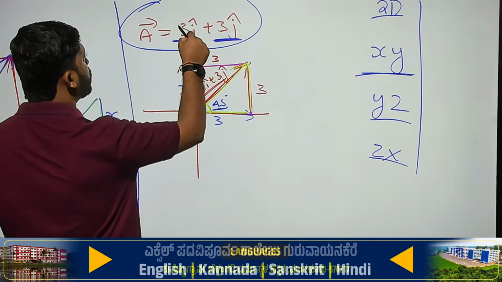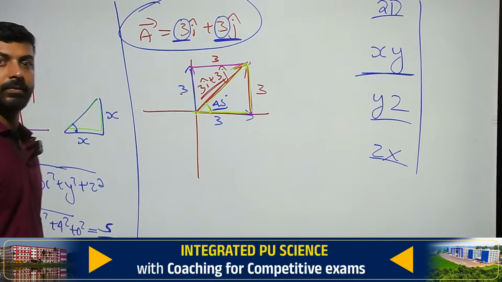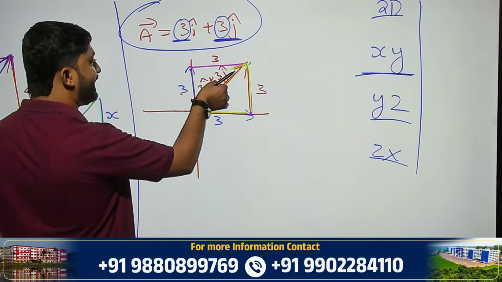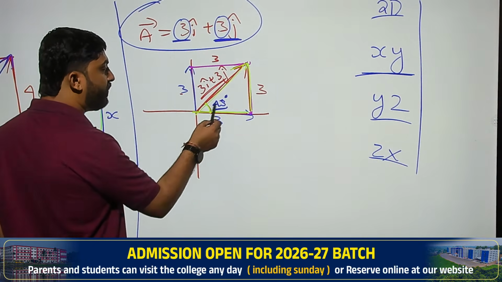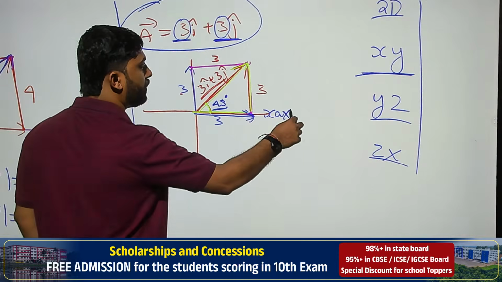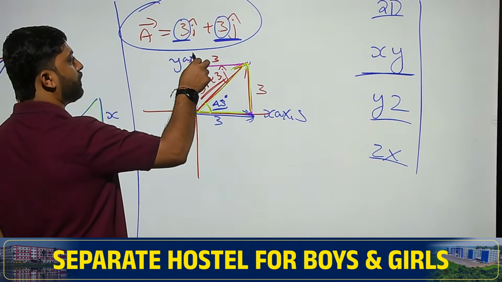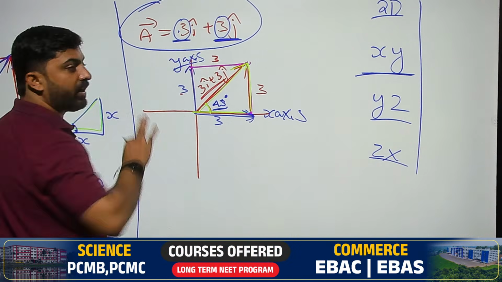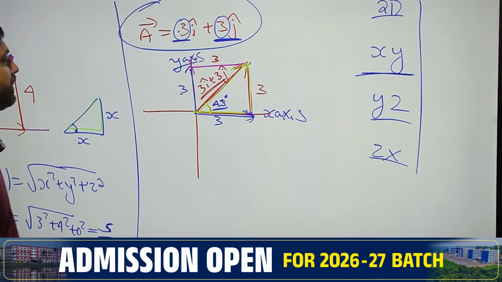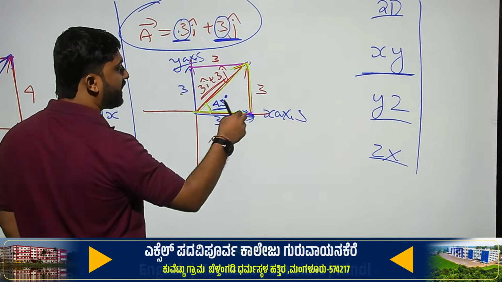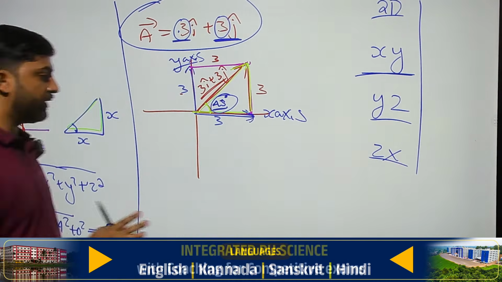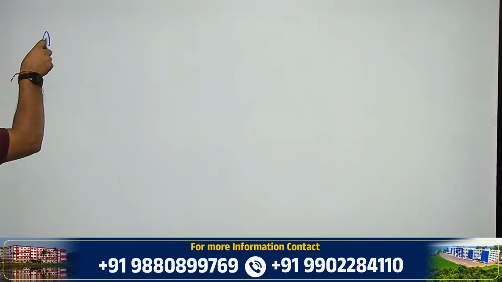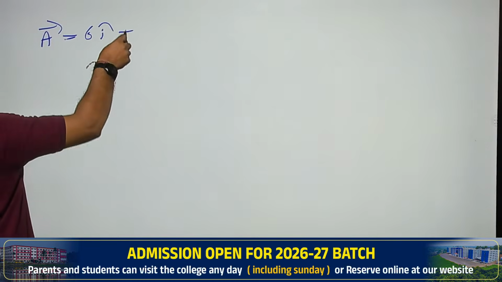Now look at here. Whenever the x coordinate and y coordinate are same, that vector is at an angle 45° to x axis or y axis. Okay, when x coordinate and y coordinate are same, then this vector makes an angle 45° with x axis. You have to remember this. Suppose we have a vector A equal to 6i plus 6j.